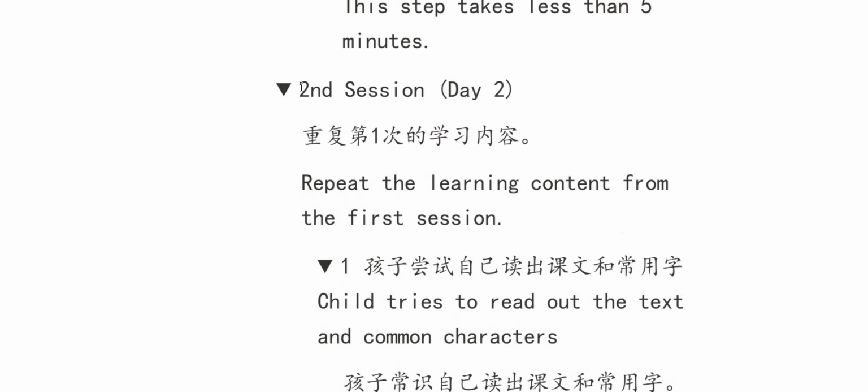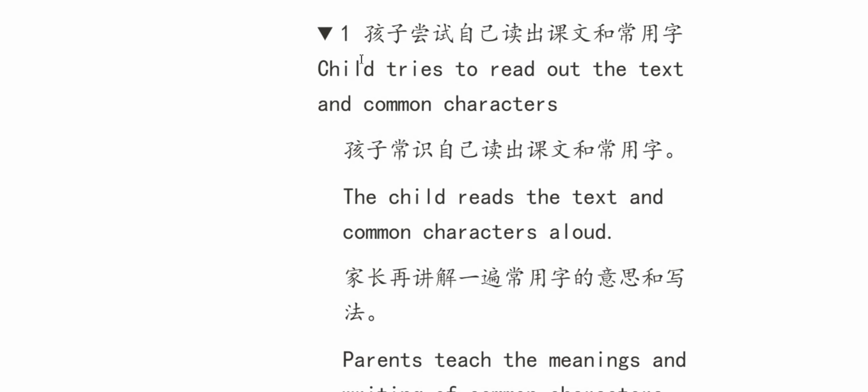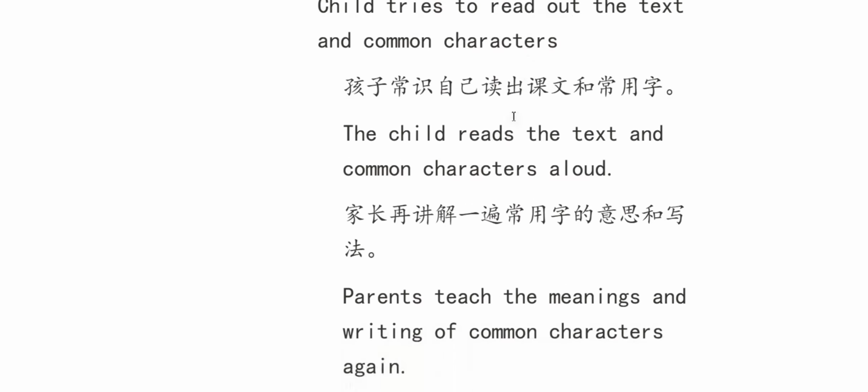And for learning for the second time, we call it the second session or day two. Just repeat the learning contents from the first lesson, but we switch the first and second step. For the first step, children try to read out the text and common characters.